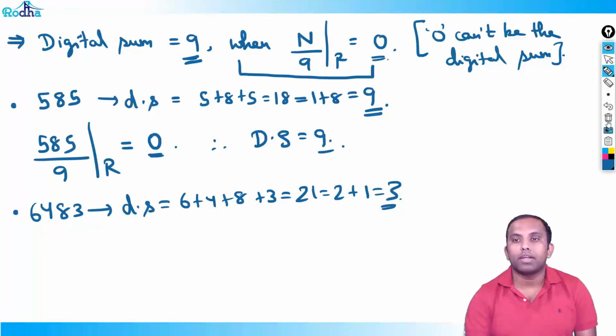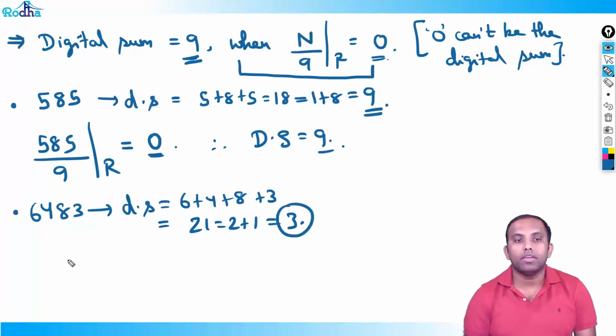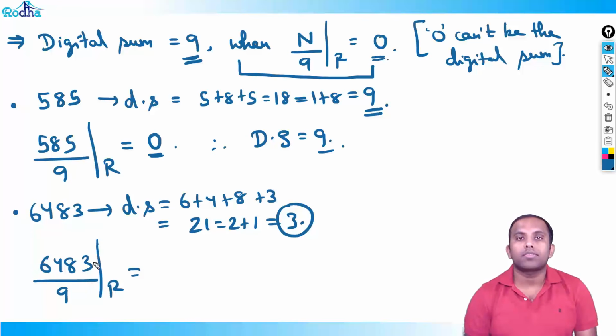Okay, let me write here. 21 is 2 plus 1, that means 3. That you can also get by 6483 divided by 9 remainder. So what is the rule for 9? Sum of the digits, right? So 6 plus 4, 10, 18, 21. 21 by 9, what is the remainder?